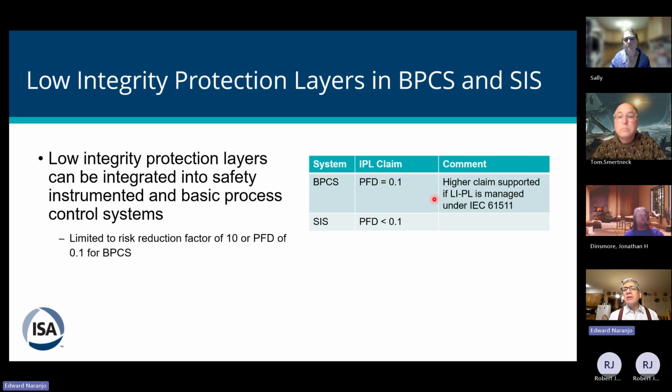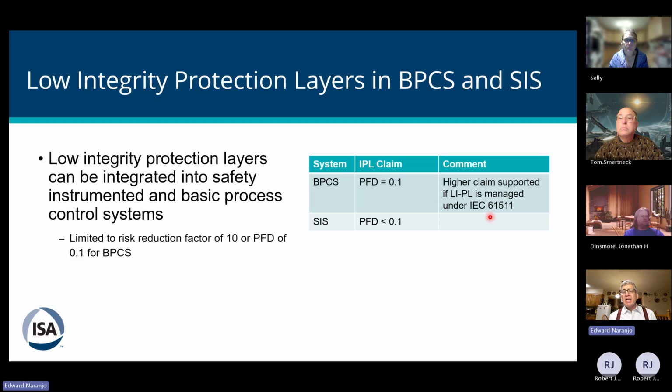Any higher claim that you want to make for your LIPL requires it to be managed under 61511. And again, this is a mechanism to prevent users from trying to claim more than they should from these low integrity protection layers.